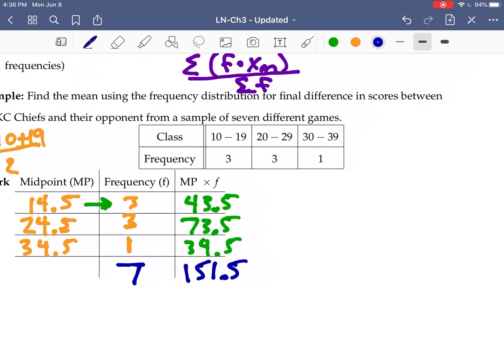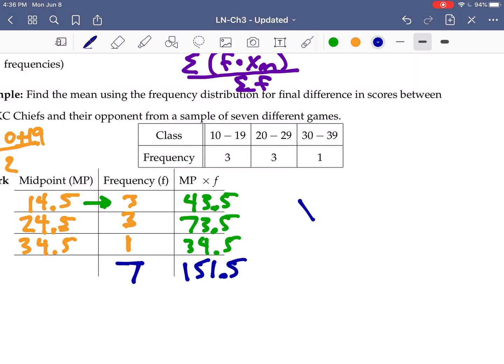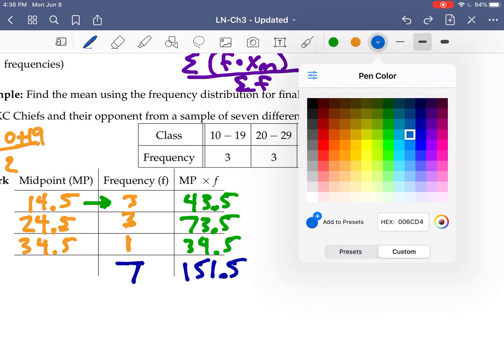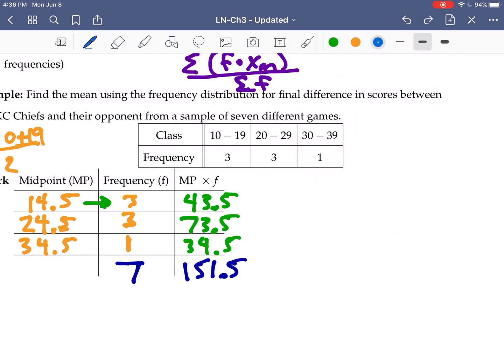So then our mean, that value of x bar, this is an approximation. It's approximately 151.5 over 7.